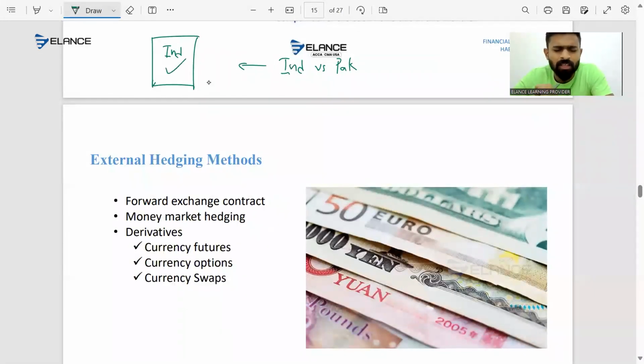Is it 100% certain that India always wins against Pakistan in cricket? Was it certain? No, right? So after entering this agreement, we thought, oh my God, I made a big mistake. There's a chance India might lose.